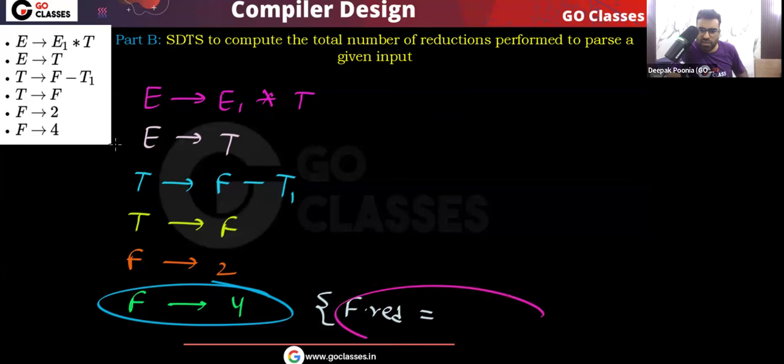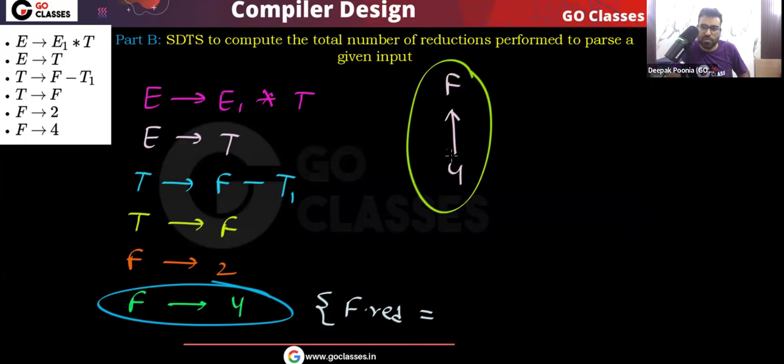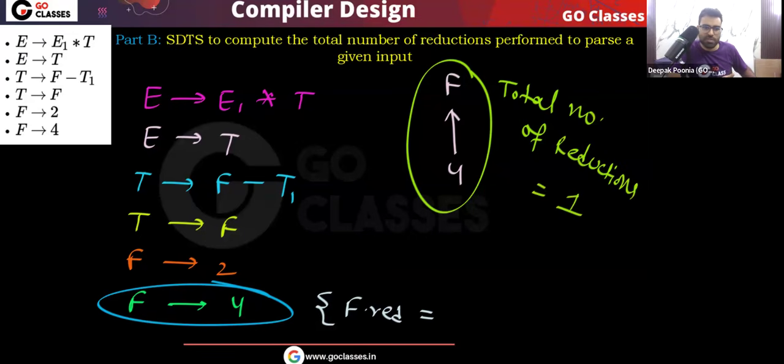Corresponding to this production, I want the semantic action. So tell me, when you reduce 4 to f, how many reductions are performed in total? Very simple. When you reduce this 4 to f, what is the total number of reductions? That will be 1.